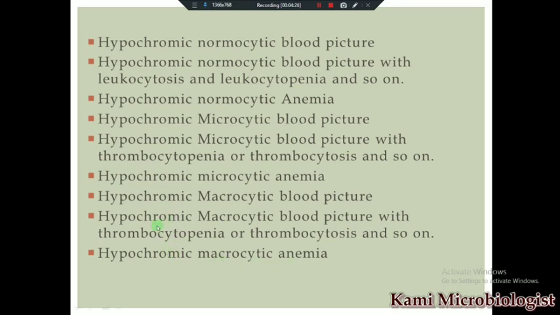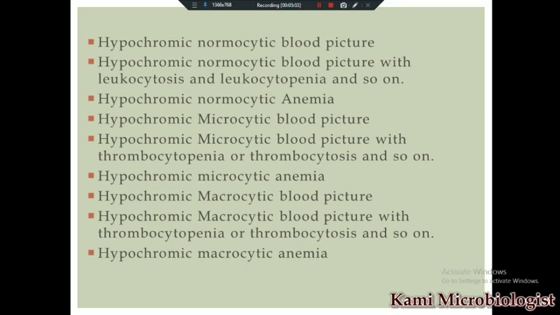Then we have another comment about hypochromic macrocytic blood picture with thrombocytopenia or thrombocytosis and so on. It means that the value of MCHC is low and the value of MCV is high, and when the leukocyte value is also high, we call that hypochromic macrocytic with leukocytosis.